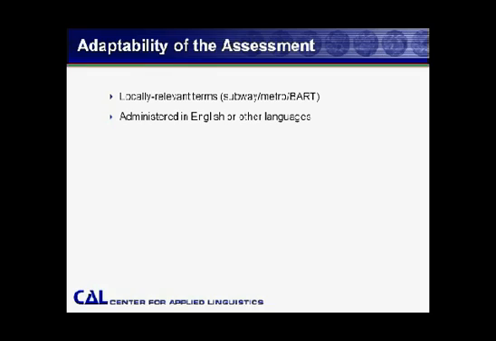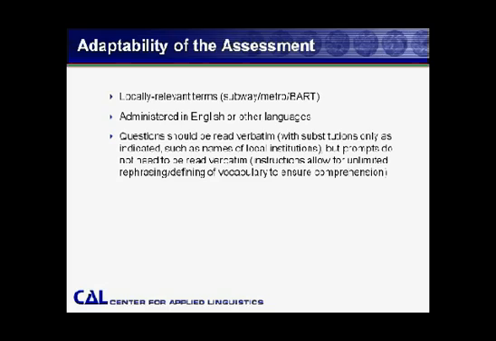Now, speaking of reading the questions verbatim, once you do have translation, questions should be read verbatim, as written, with substitutions only as indicated, such as names of local institutions. But prompts do not need to be read verbatim. So if someone is not understanding a concept or a word, you can help them in any way that you need to make sure that they understand the concept.